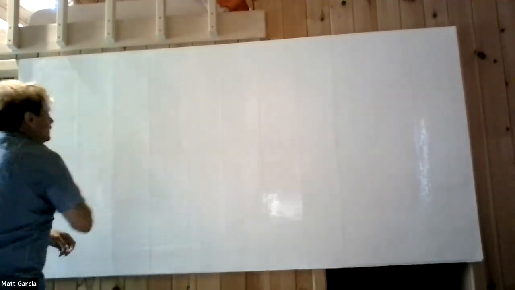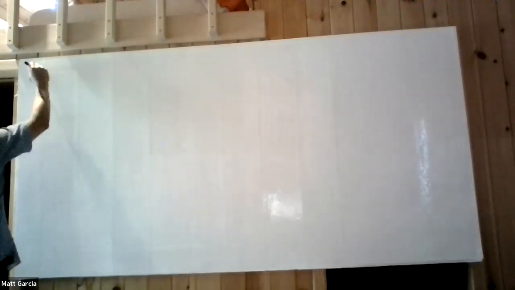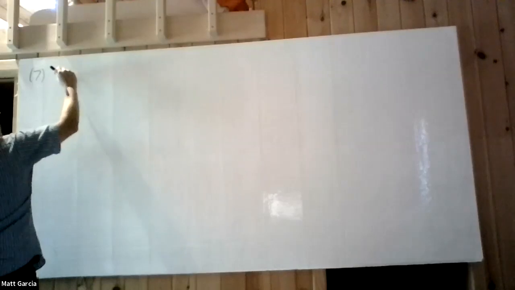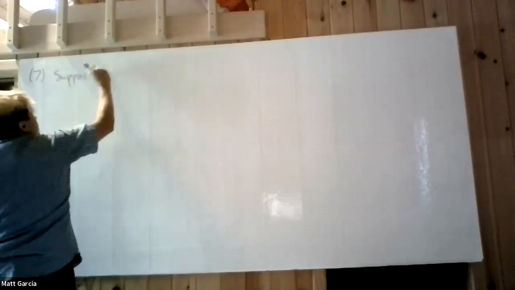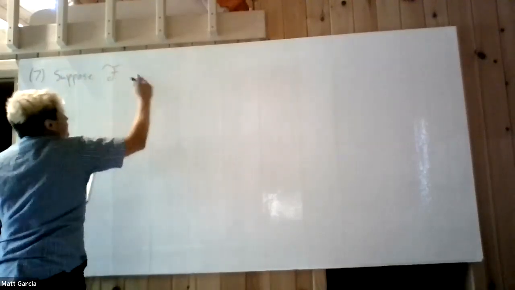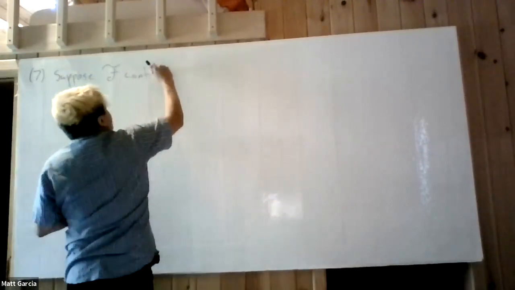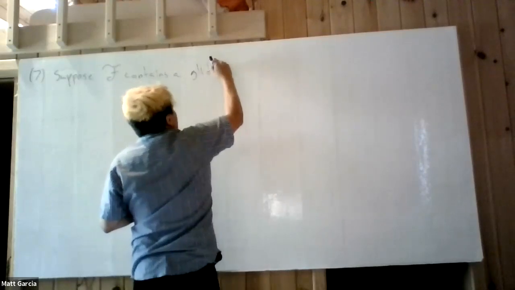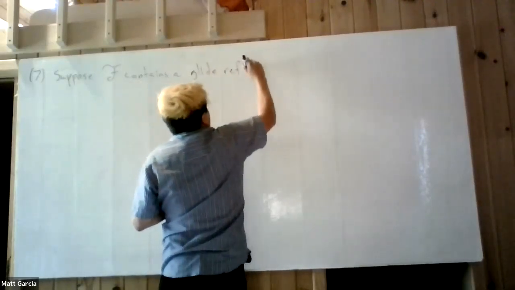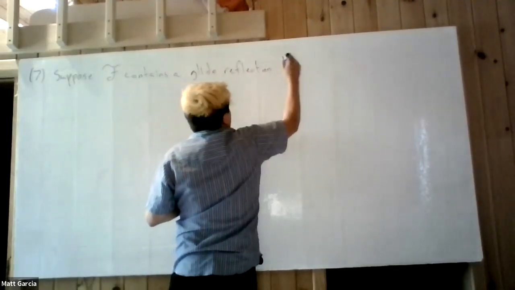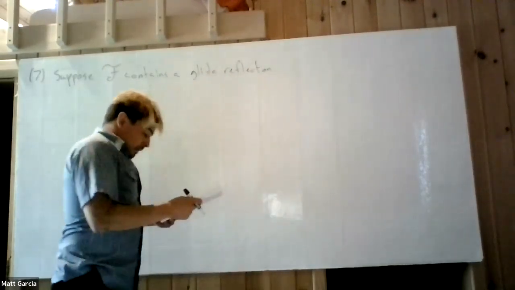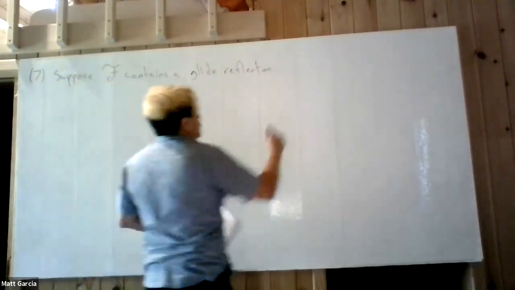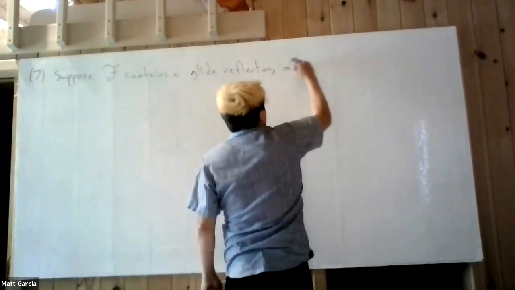So finally, case 7. Suppose F contains a glide reflection, which we'll just call alpha.